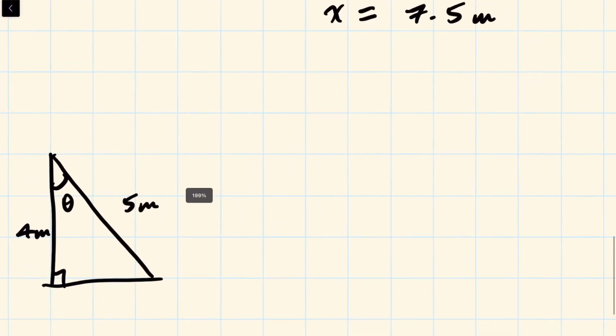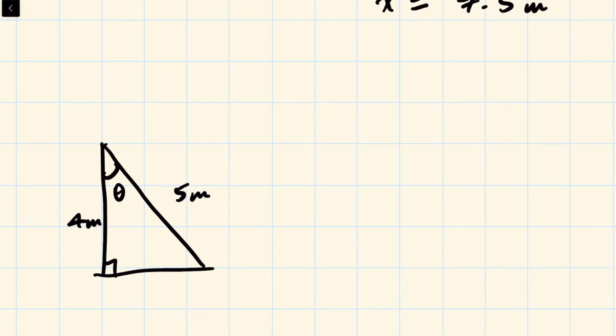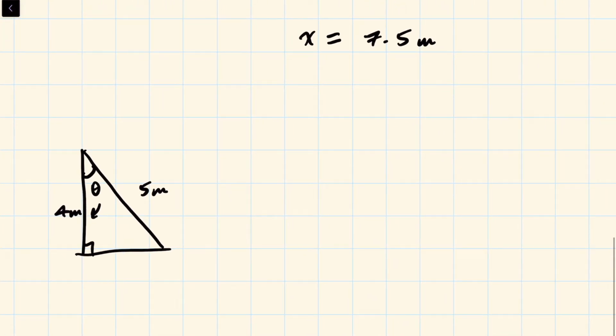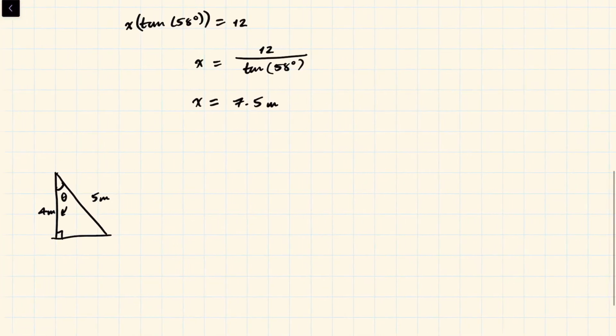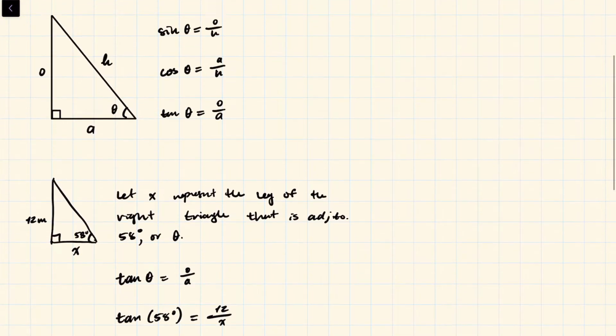So notice what we have here. We have the adjacent side because it's touching the angle. We don't have the opposite. And we have the hypotenuse here. So what trigonometric ratio uses both the adjacent and the hypotenuse? It's cosine, because cosine of theta is a over h.